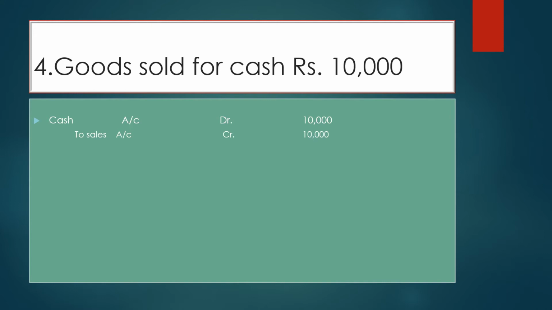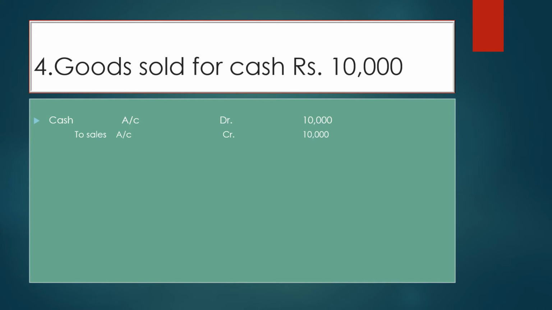And next, one more perception. According to the real account, we need to credit what goes out. If you make a sale, goods are going out. In that perception also, you can take the sales account on credit side. So that is why I have written cash account debit to sales account 10,000 and 10,000.